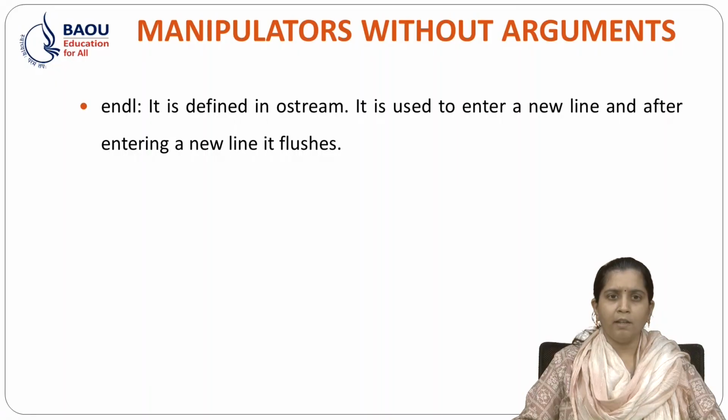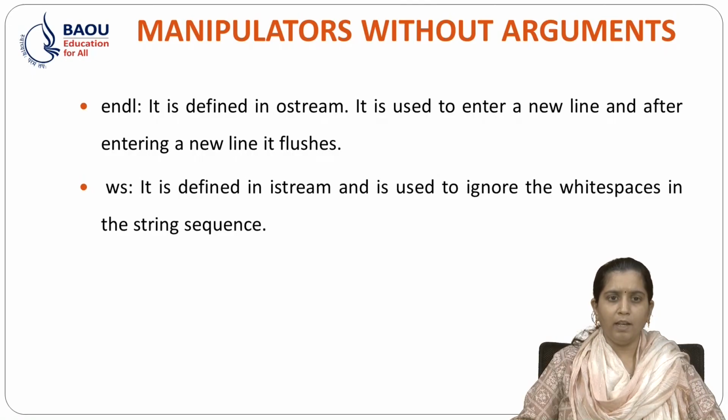So, let us see manipulators without arguments. Endl, it is defined in ostream. It is used to enter a new line, and after entering a new line it flushes the stream. Ws, it is defined in istream and is used to ignore the white space in the string sequence.